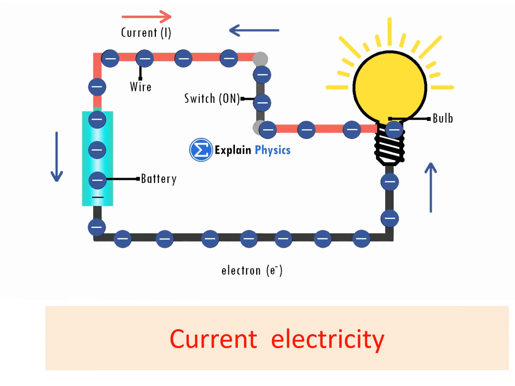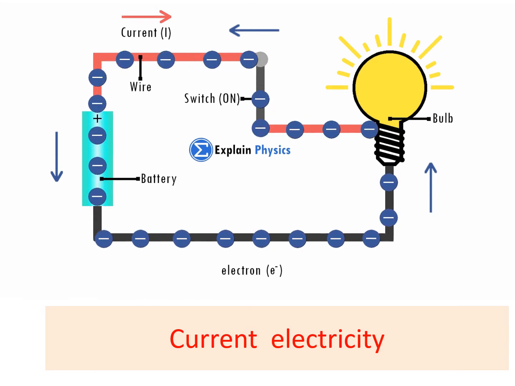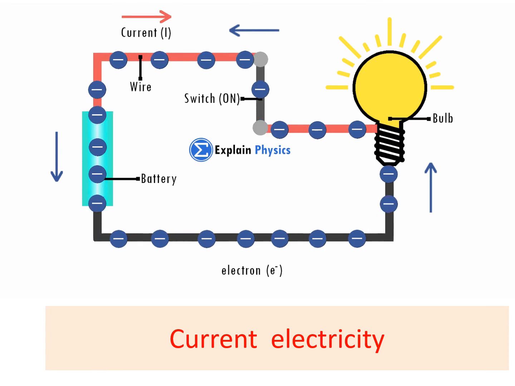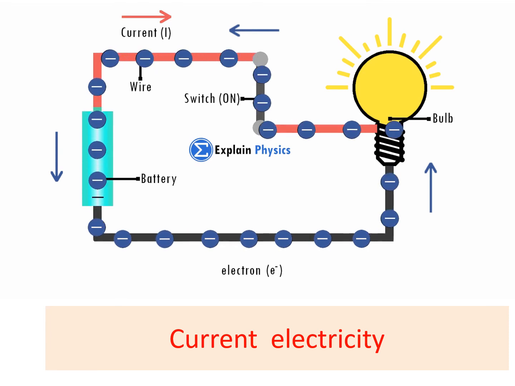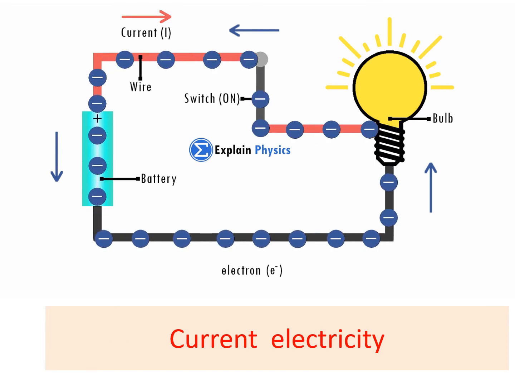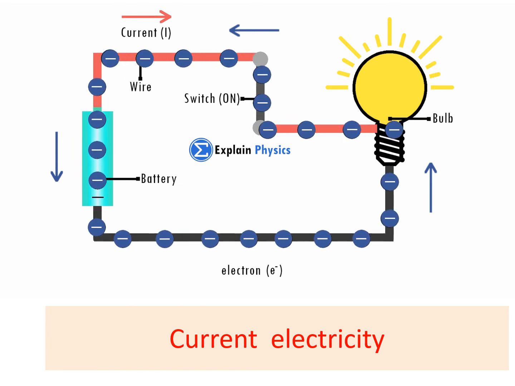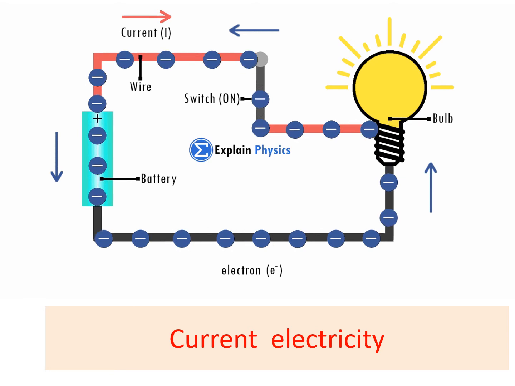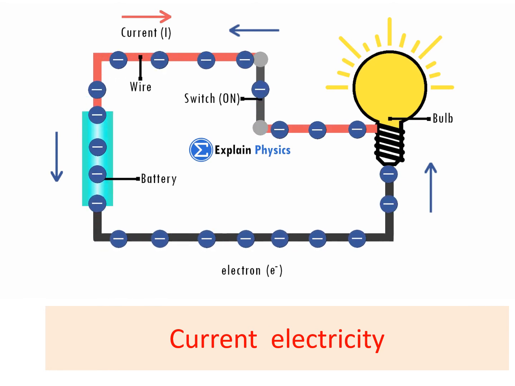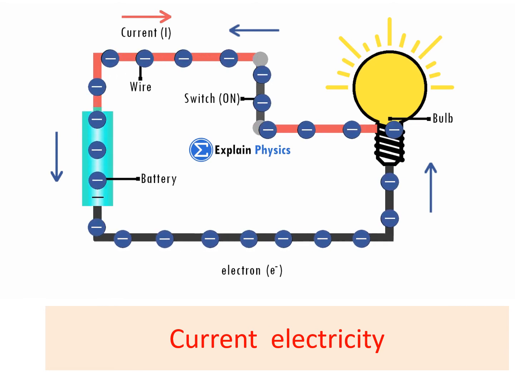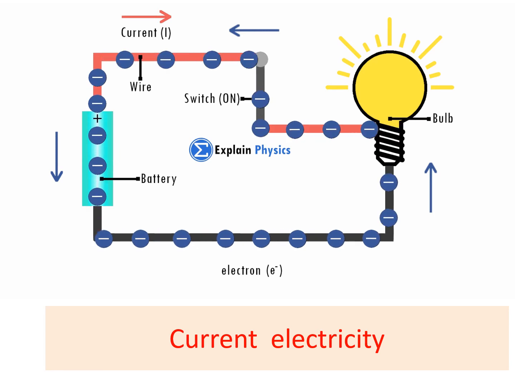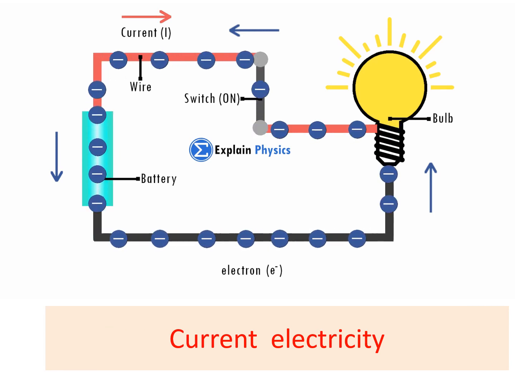This is current electricity. Look at this animation, and you may understand properly what current electricity is. You can see the movement of electrons. They are moving from one place to another. They are not at rest. That's why it is current electricity.